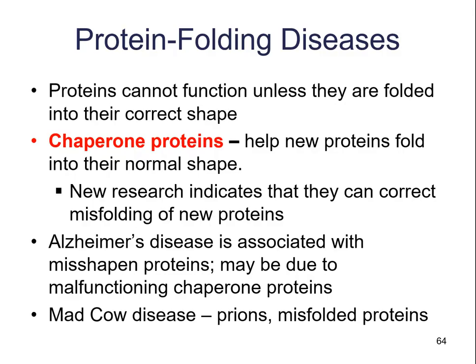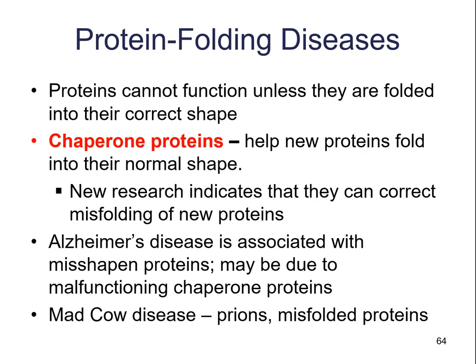Now, worth noting is that there are diseases that are caused by misfolding of proteins. So we call these protein folding diseases. So I already told you this, that proteins can only function if they are in their proper folded state, in their correct shape. And there are actually a certain class or group of proteins called chaperone proteins that will help proteins fold into their shape.